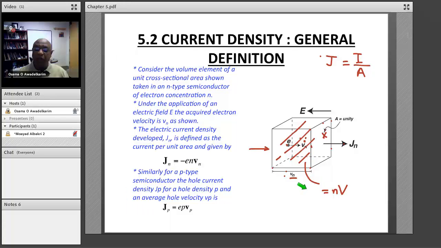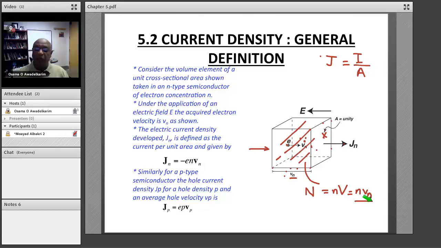Let's call it capital N. So this will be n, the density of electrons, times the volume of this box. Now the volume of this box is the cross-sectional area, which is 1, times Vn. So the volume of this box is V sub n. So this is the total number of electrons inside this box.